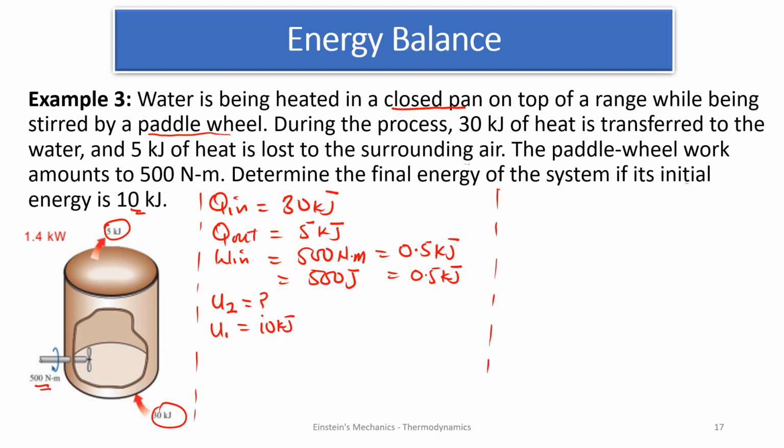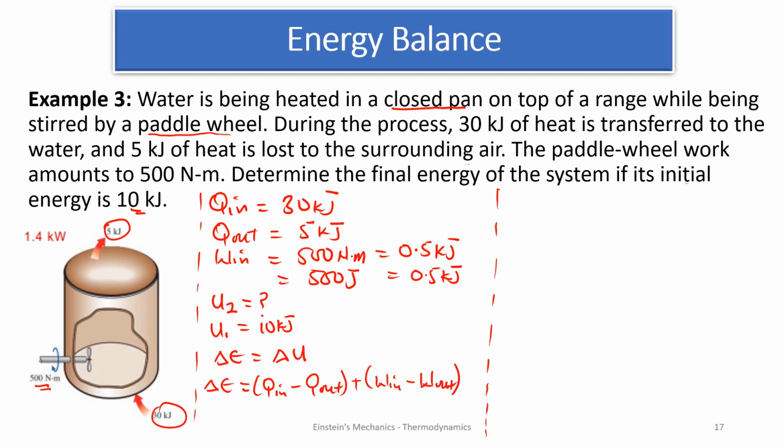So can we write down our equation? Since it's a closed system, I'll just go straight forward. But we've already established that our change in E is equal to change in U. And we know that our change in E for a closed system energy analysis involving heat and work will be heat in minus heat out plus work in minus work out.